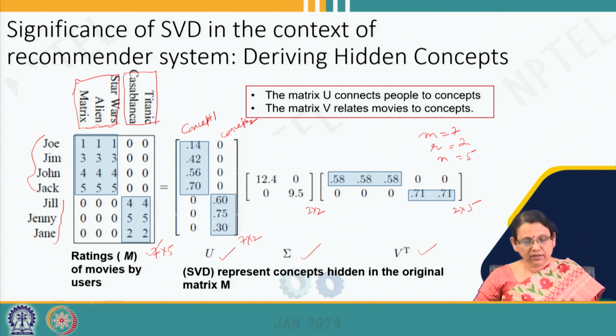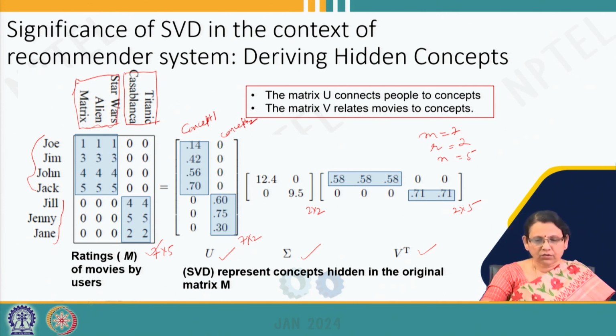Yes, I forgot to tell you, in the case of PCA also, when we consider the first principal component, we call it the first latent feature, that is one latent feature. The second principal component is the second latent feature, because they are actually making a linear combination of the original features.